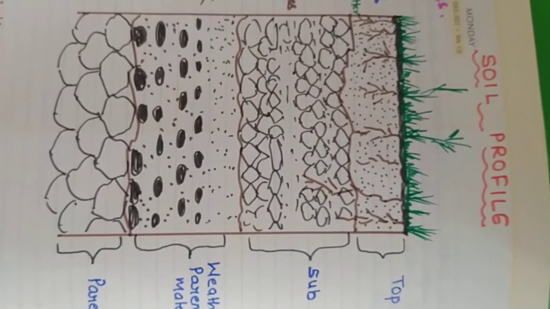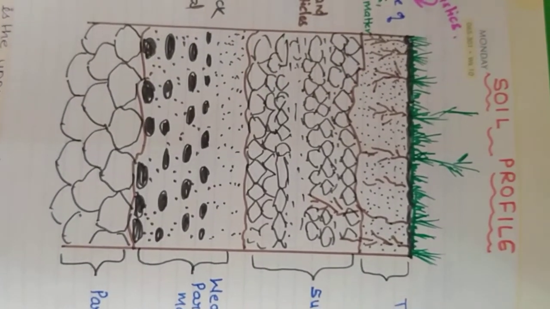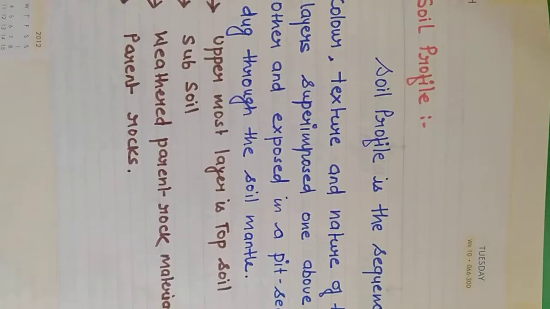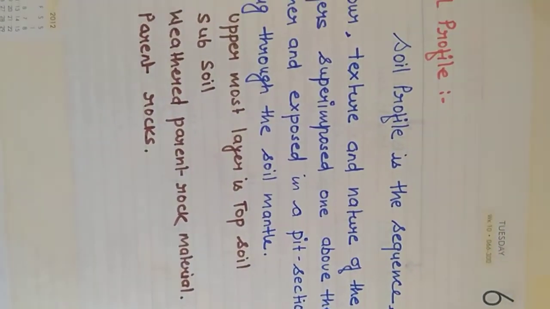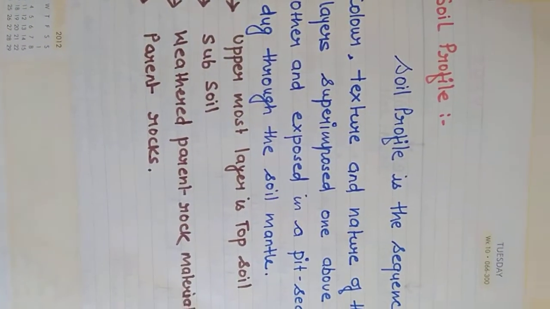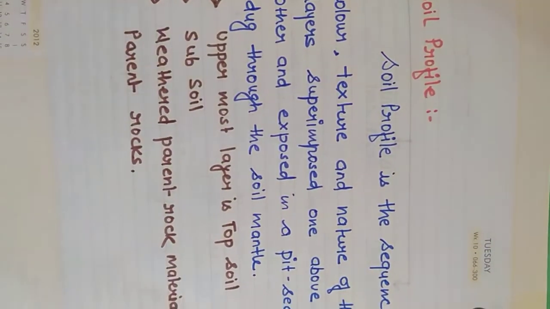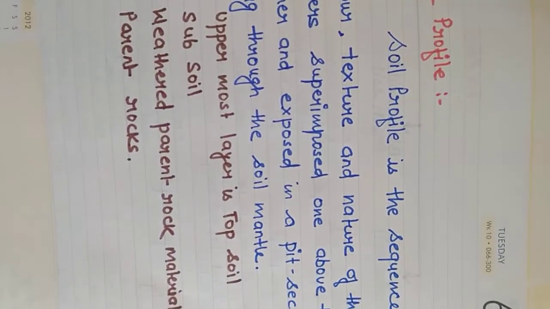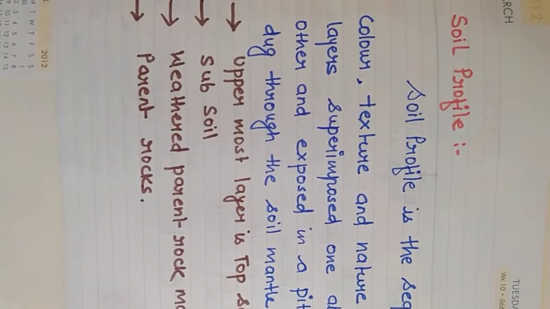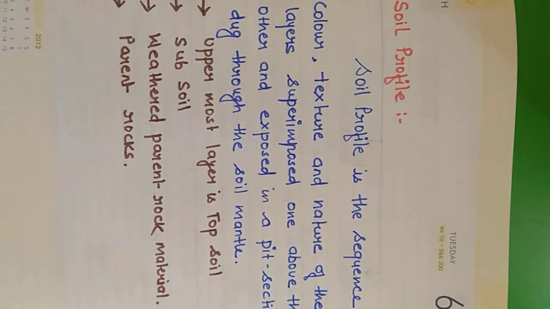With the help of these pictures, you can easily come to know the soil profile. So we can say the soil profile is the sequence. What? Soil profile is the sequence of color, textures, and natures of the layers superimposed one above the other and exposed in a pit section dug through the soil mantle.